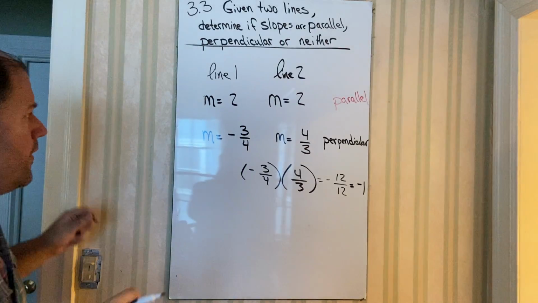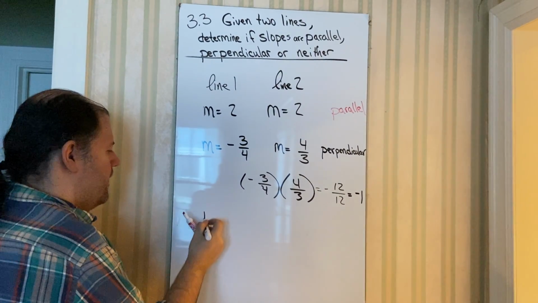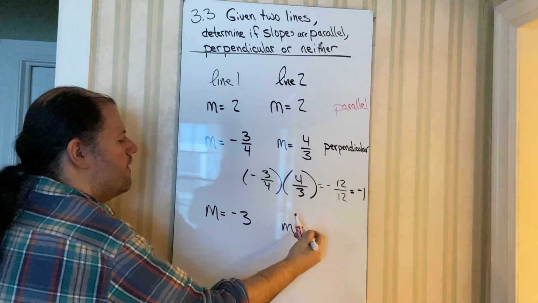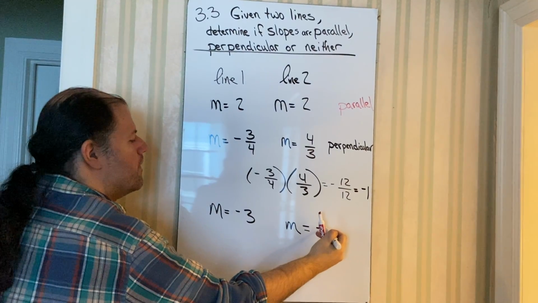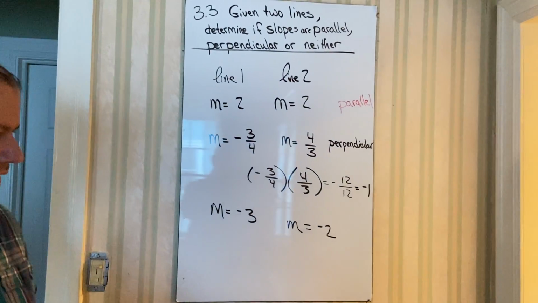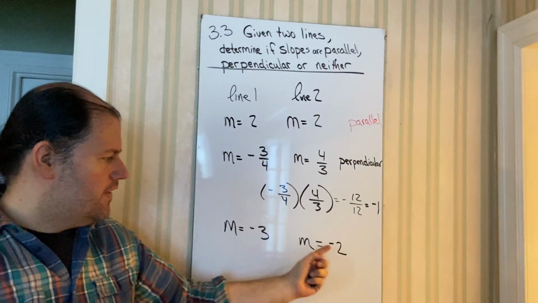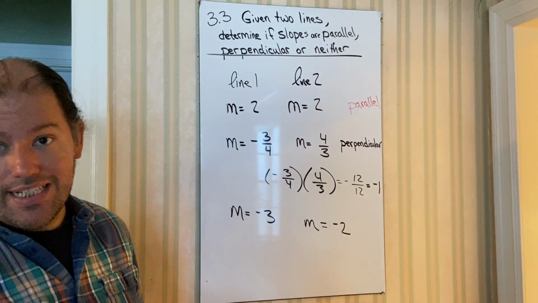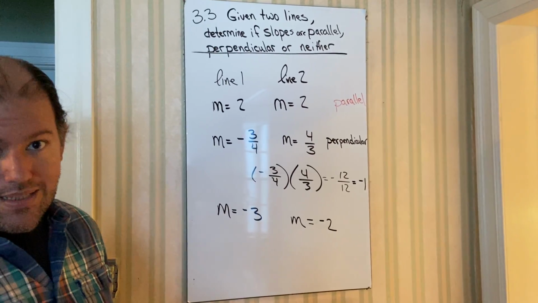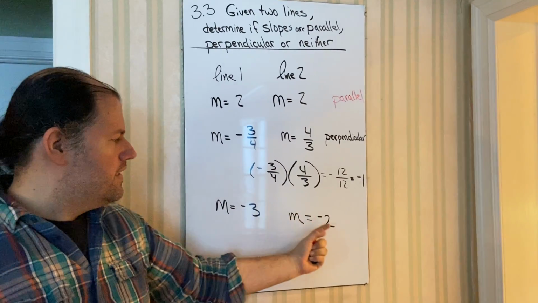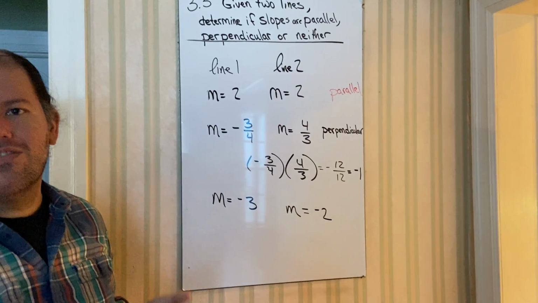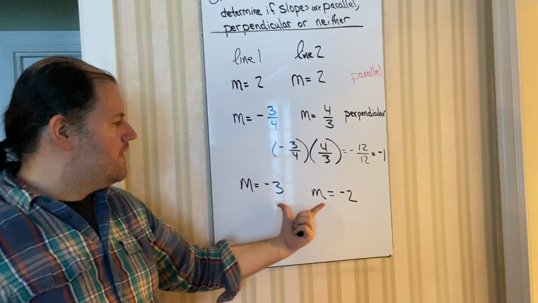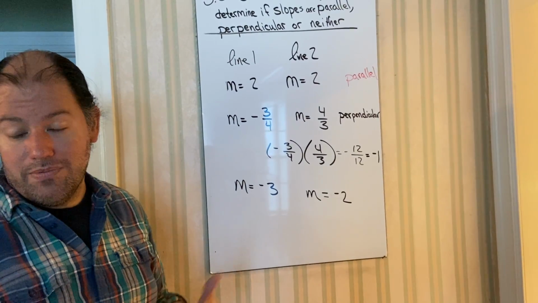Now, what happens if you have a slope, and you can see, even though they have the same signs, they don't have the same numbers. So automatically, you can eliminate that they're parallel. Then you look at that and you go, they're not even reciprocals of each other. If you're not sure what reciprocal is, I always tell people, first look to see if the two slopes are identical.